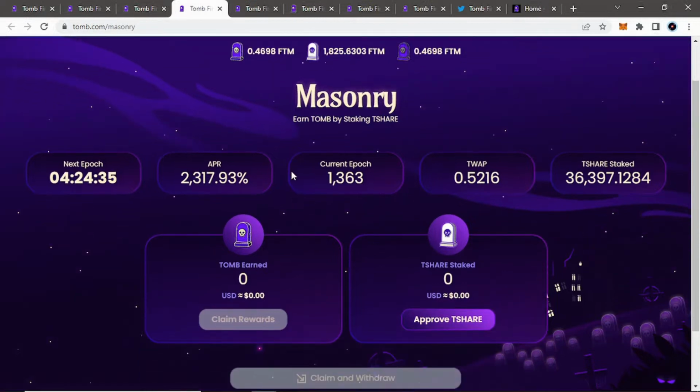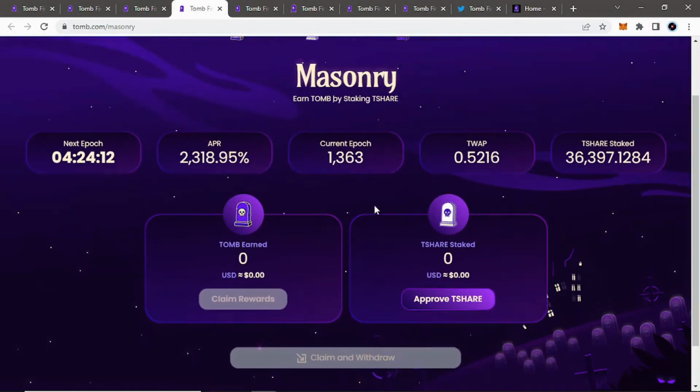So with the Masonry, you can earn Tomb by staking your Tomb shares. Now, the Masonry does not print Tomb unless the TWAP, the peg, is over 1. So right now with the price of Fantom and Tomb being down, the peg is at about 0.52. So the Masonry will not print.